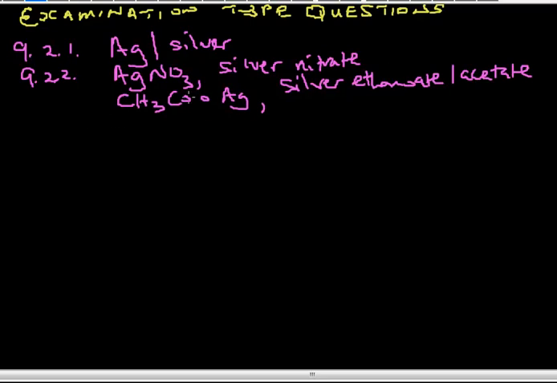Right? Those are the two soluble salts of silver which can be used as electrolytes.